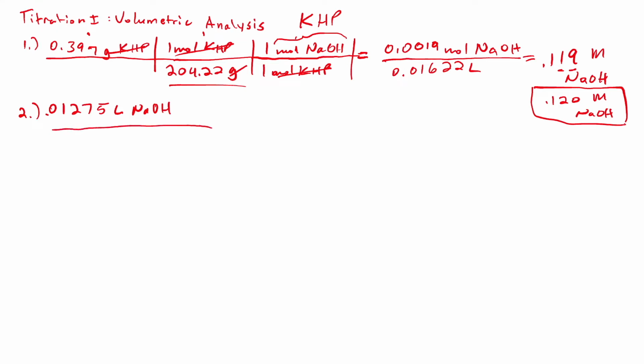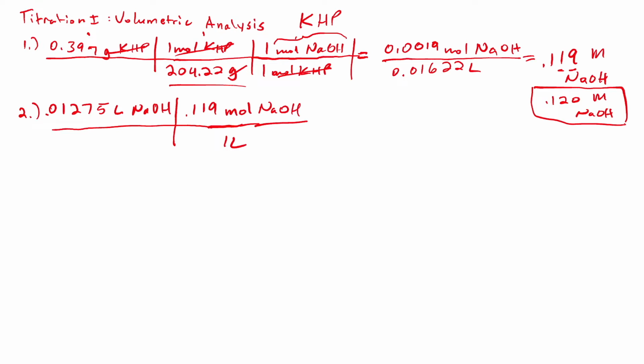And then I need to figure out how many moles there were in that volume, based on the concentration of sodium hydroxide I had from the previous question. So quite easy. I had 1.19 or 1.2, whatever calculation you got, molar. And if you remember that moles over liters is the unit for molarity, so that's going to be 1.19 mole of NaOH, all divided by 1 liter.